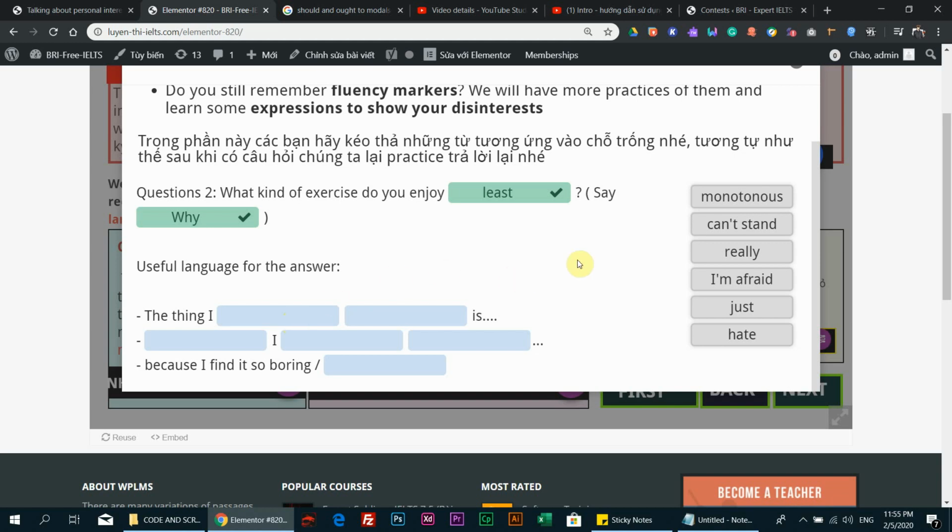So I must have the verb first, but here I have hate, right, and can't stand. So it goes in only one place and it must be here, but before that it has to have something else, which is the adverb.